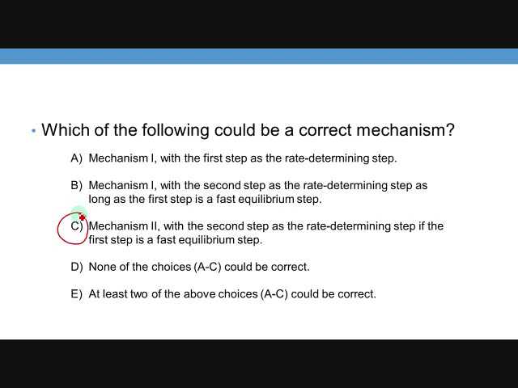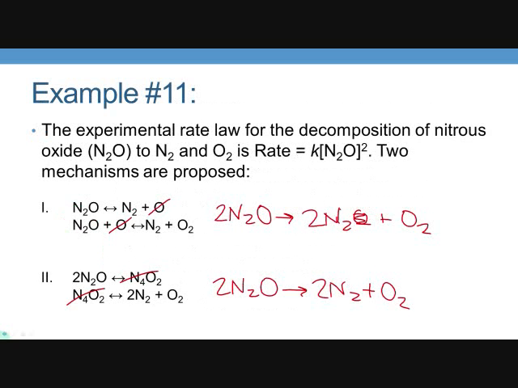Okay, it takes more energy to break apart a molecule than to collide two with the intermediate. So when you look at them, in mechanism 1, the first step is a decomposition reaction, breaking it down. You have to break the bond that is holding the N2O together. Versus this one is a combination reaction where there are just two colliding together.